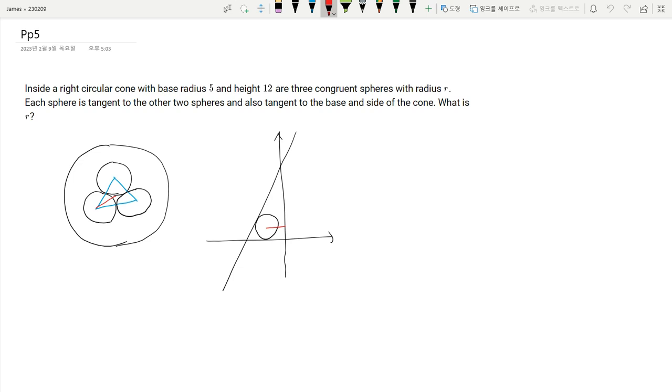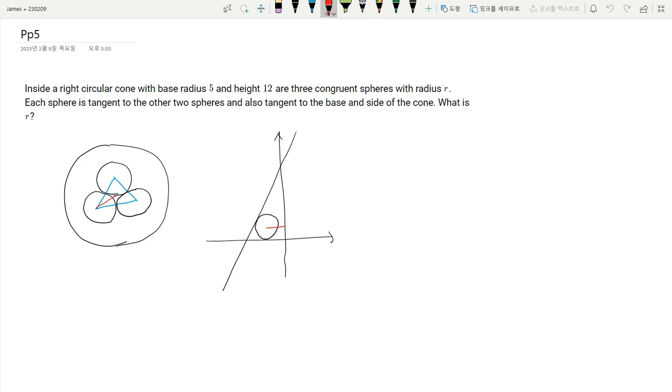So if the radius of the small sphere is r, the side length of the equilateral triangle is 2r.